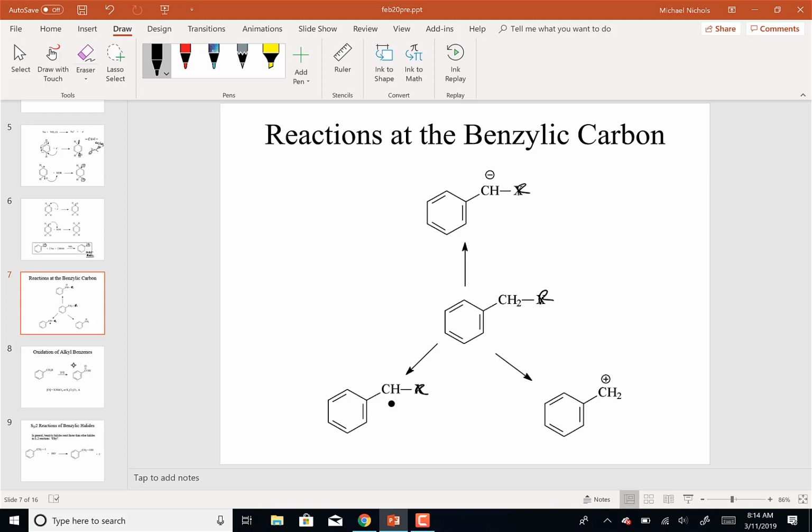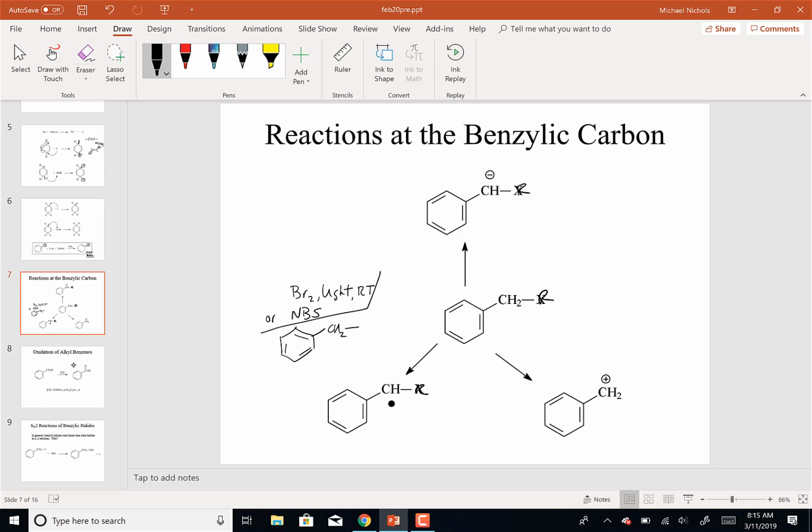So the benzylic position was where we would do free radical halogenation. And just to go back and think about free radical halogenation here, when I'm using a benzene ring and I want to free radically halogenate at the benzylic position, I can use Br2 and light at room temperature, or I could use NBS.